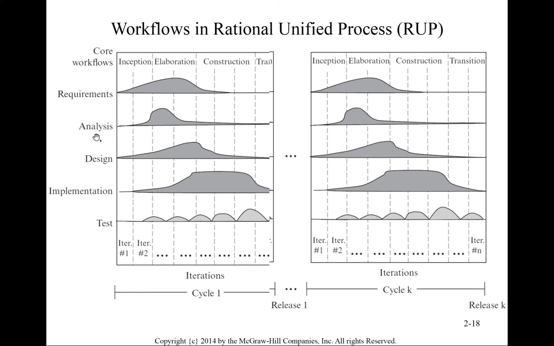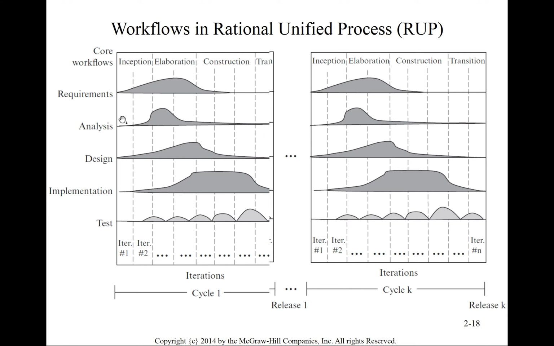And requirements, analysis, design, implementation, it means coding and testing. These names, you may recall it from the waterfall model. Okay, in the waterfall model, you finish everything here before you start here. But in the rational unified process, you can see that the horizontal refer to the time.